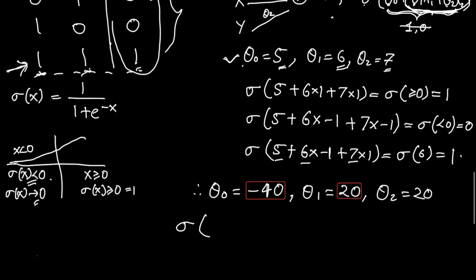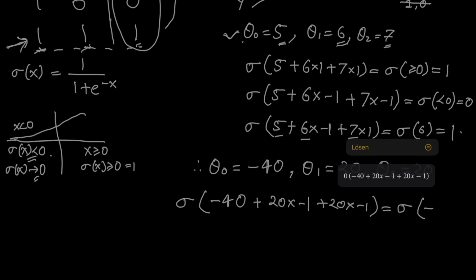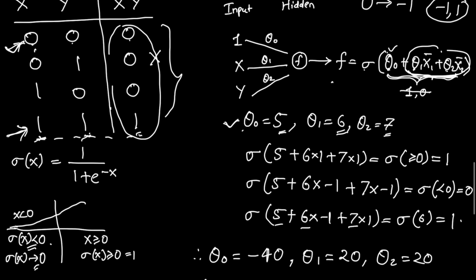So it would be -40, so this is -1, that means plus 20 into -1 plus 20 into -1. So this would be sigma of negative 40, negative 40, negative 80. That means 0. So it's good, right?